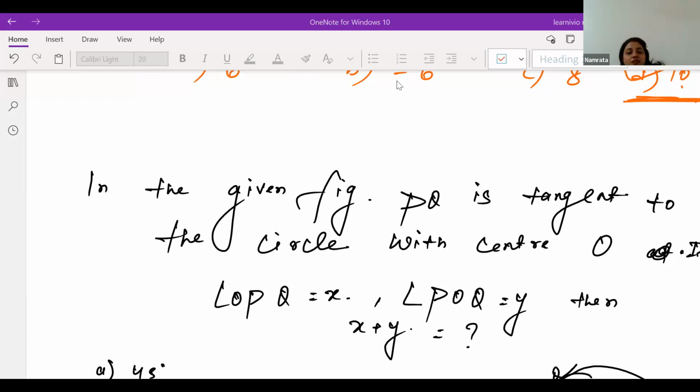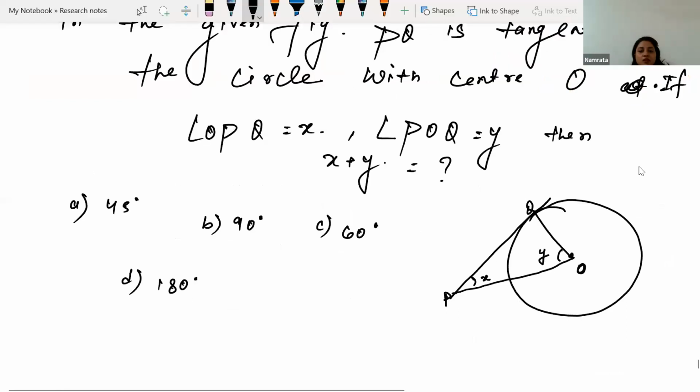Jasleen is saying 180, because they are supplementary. Okay, are they supplementary? Supplementary condition here can we take? We cannot take supplementary.